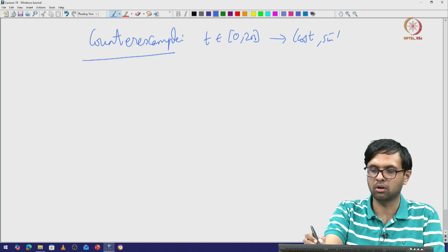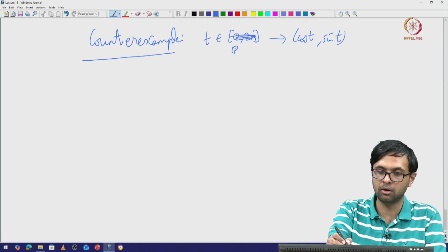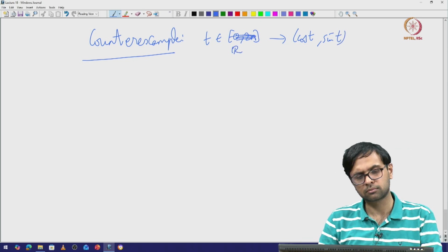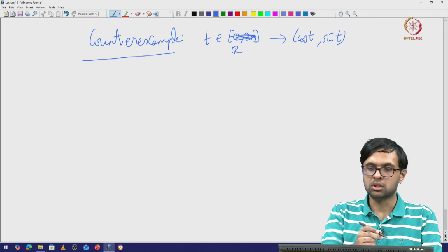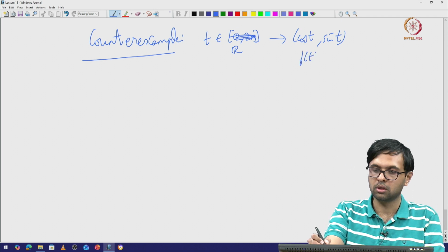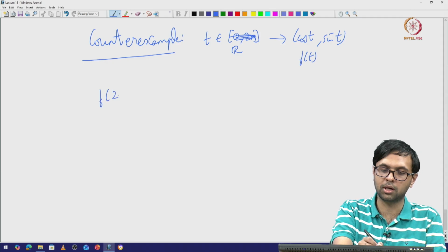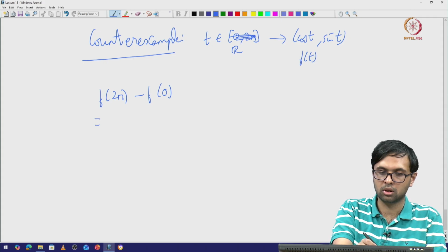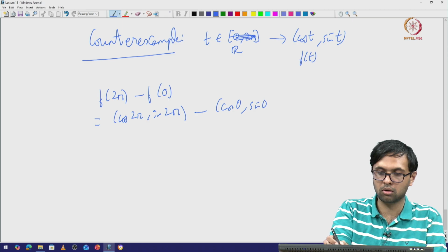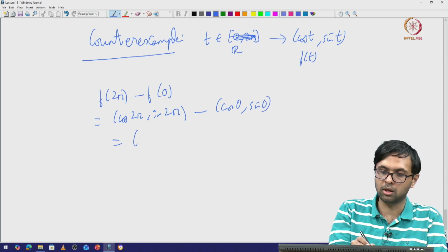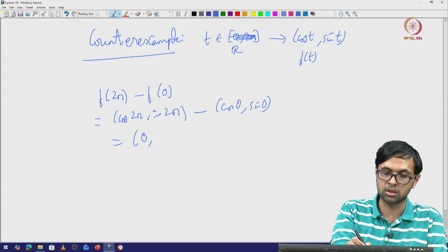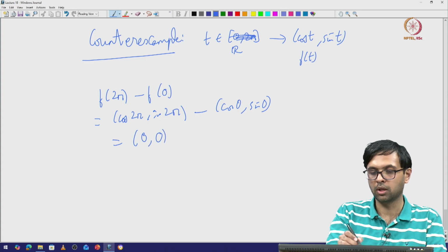Let's call this f of t. F of 2 pi minus f of 0 is what? It's (cos of 2 pi, sin of 2 pi) minus (cos 0, sin 0). What's this? Cos 2 pi minus cos 0 is 0, sin 2 pi minus sin 0 is 0.